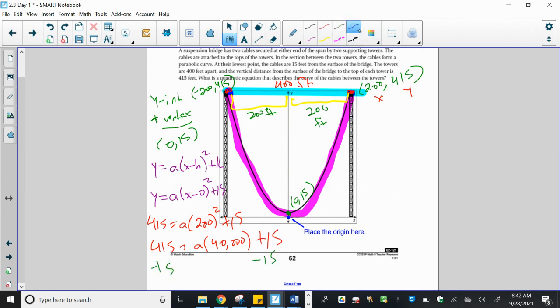So 400 equals 40,000 a, divided by 40,000.